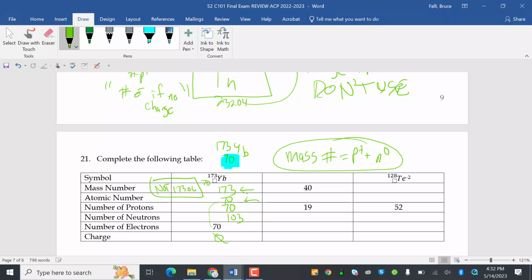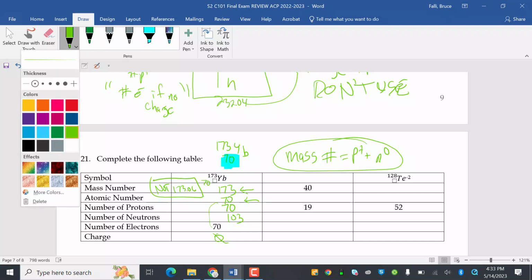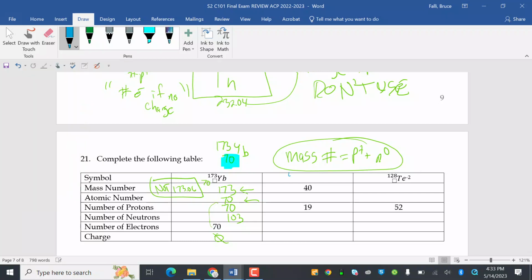Okay. So here my mass number is 40. That tells me I'm going to change my color up a little bit. So my top number is going to be a 40. My bottom number is going to be a 19. So I look for number 19 on the bottom because that's the one that tells me who you are. Number 19 is potassium. Okay.